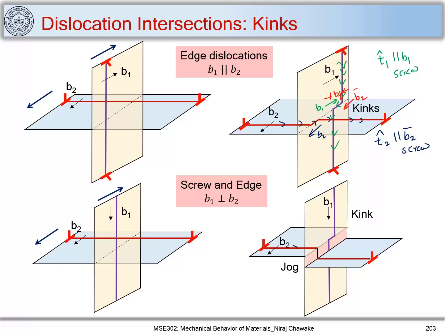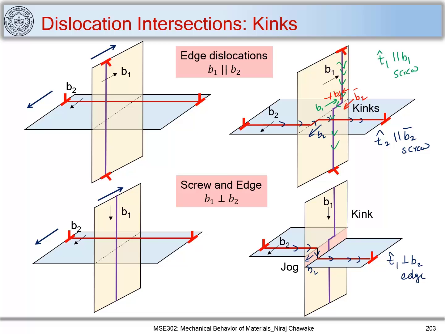Let's find out the tangent vector. So we have tangent vector T1, and you have a Burgers vector B2 which is perpendicular to this tangent vector, and thus this is an edge nature. Similarly, let's find out the nature of this break or kink which has formed on this dislocation B1.